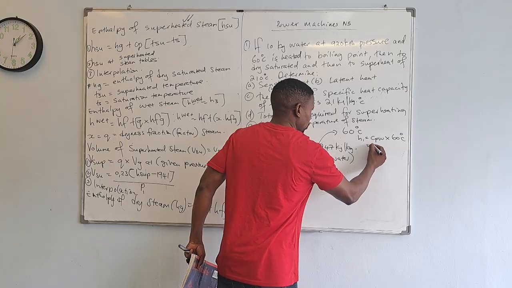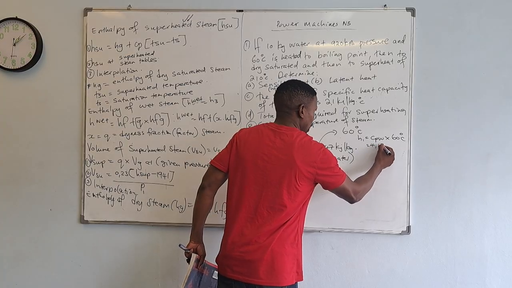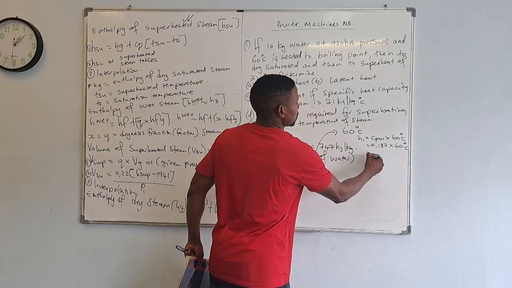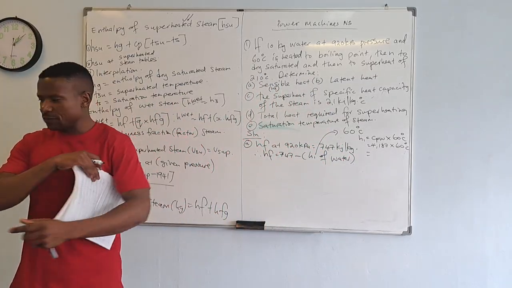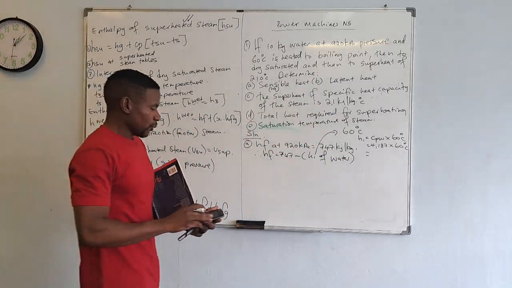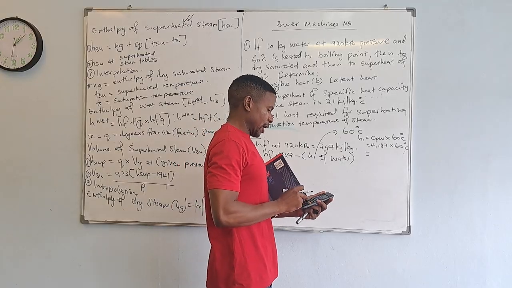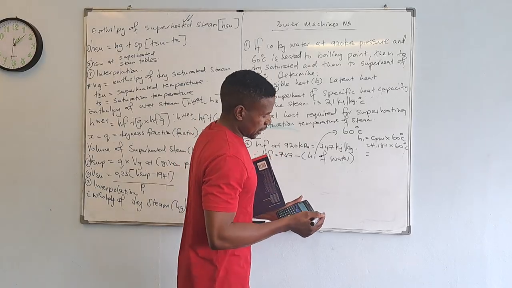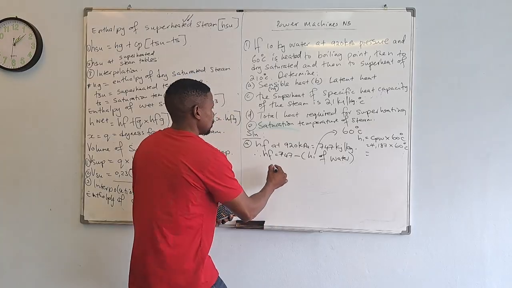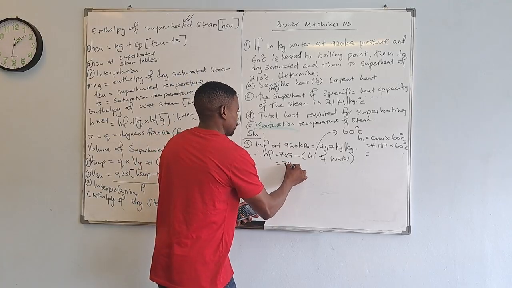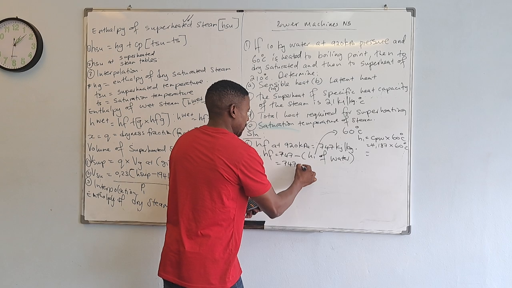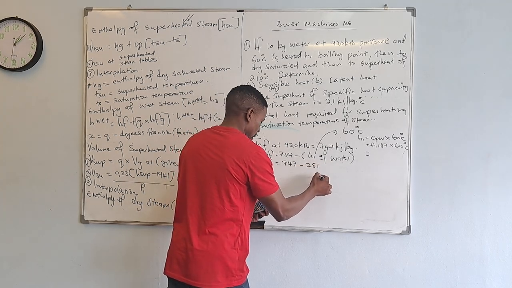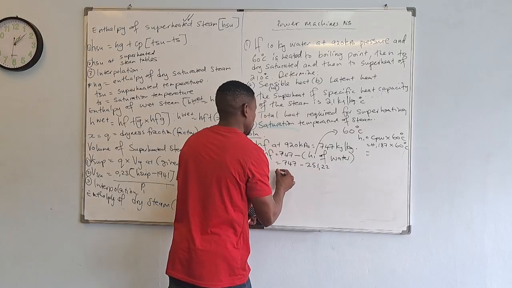Which becomes, Cp of water is constant, is 4.187 times 60 degrees Celsius. We get our H1. So we can go together there, 4.187 times 60. I'm getting 251.22. Therefore, we have 747 minus our H1 of water, which is 251.22.